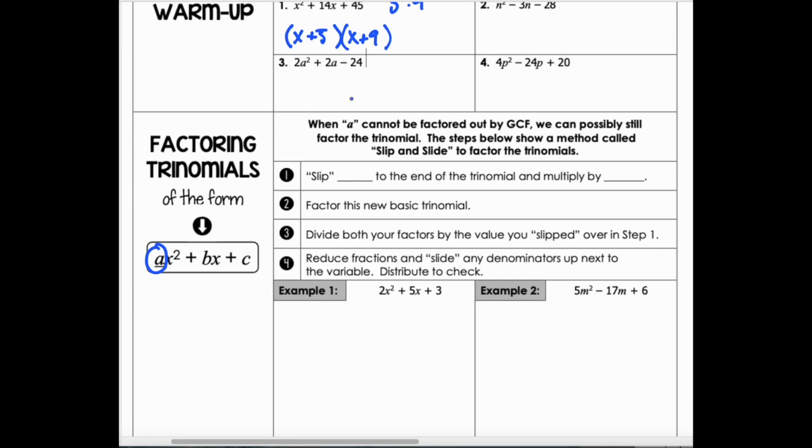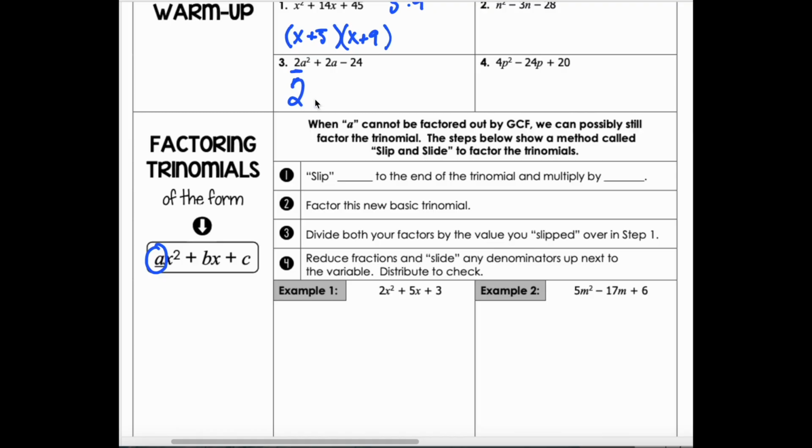Now, what if our a cannot be factored out by the greatest common factor? For an example, right here, we have a 2 as our coefficient, but we know that we can factor it out because all of these other coefficients are divisible by 2.